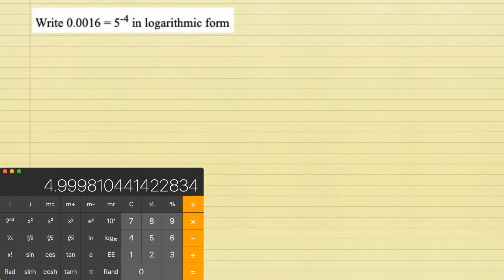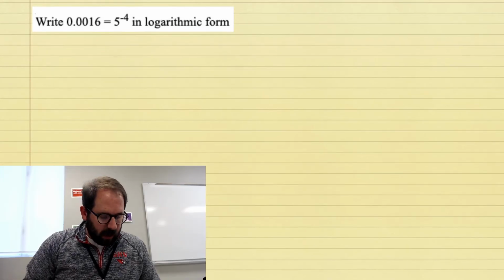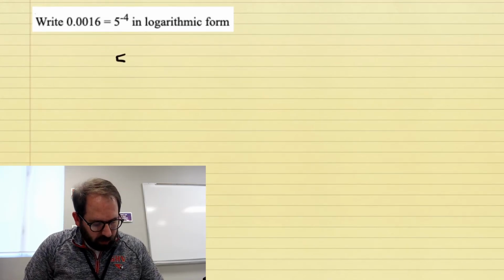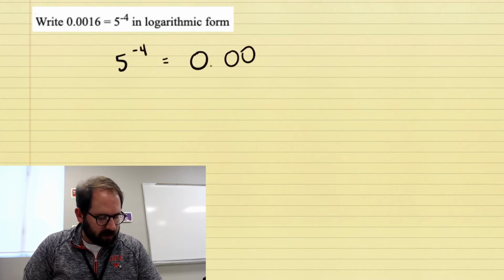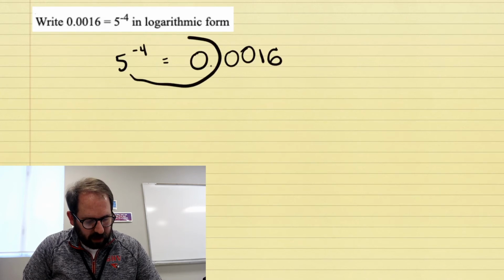We need to write this problem in exponential form. So let me jump right back to my iPad here. All right, so I'm going to rewrite this as 0.0016. All right, so circle methoded up.